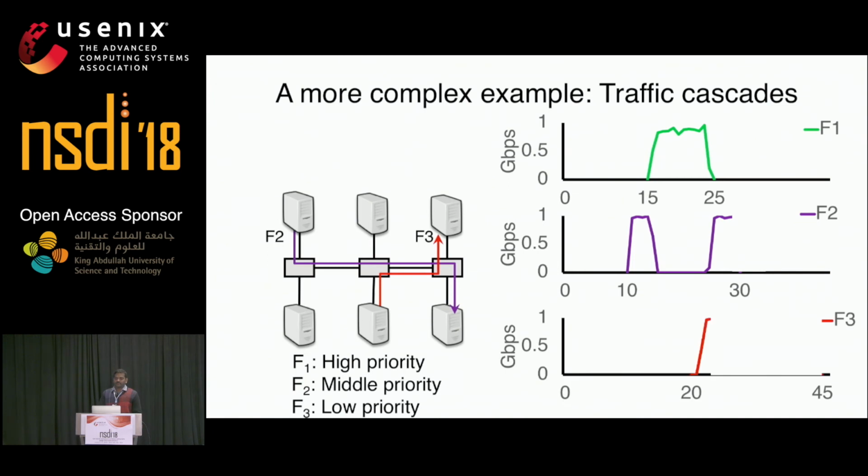So the F3 packets are delayed, and right after F2 finishes, F3 resumes back to the normal state. If you notice, the flow completion times of F2 and F3 are greater than what we observed in the previous case. To summarize, F1's impact on F2 is cascaded to F3.